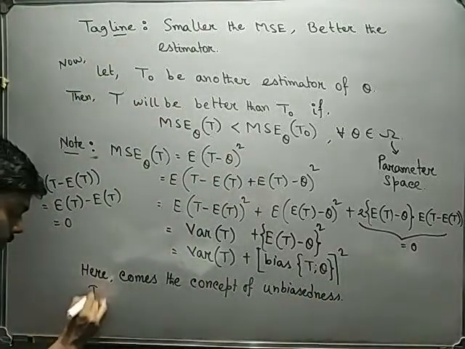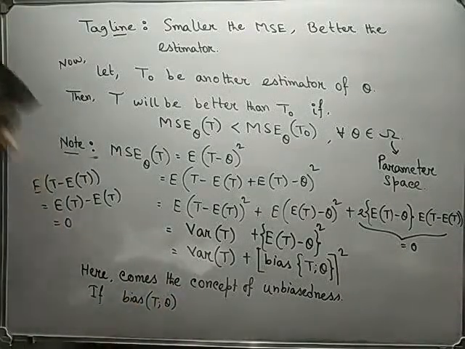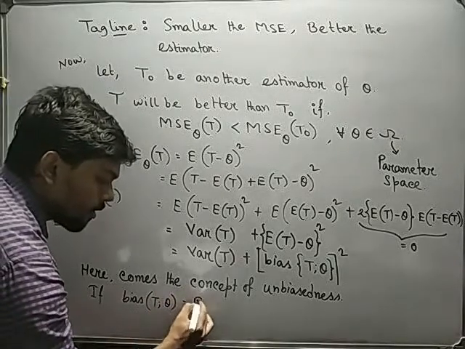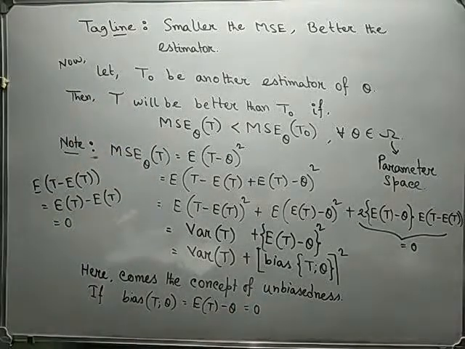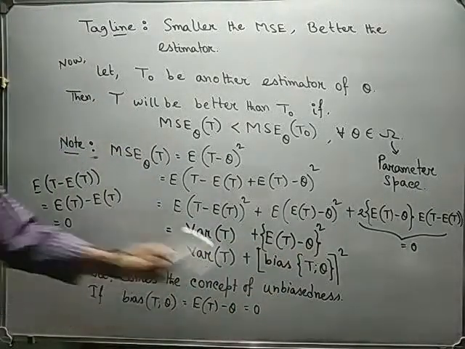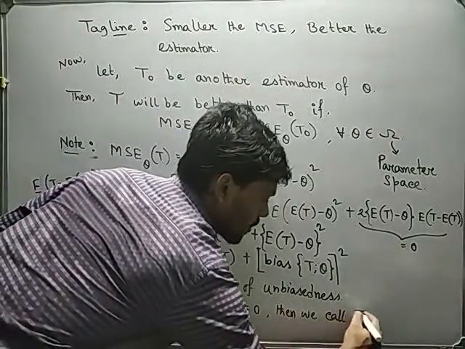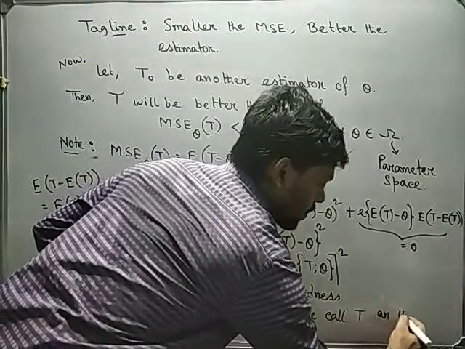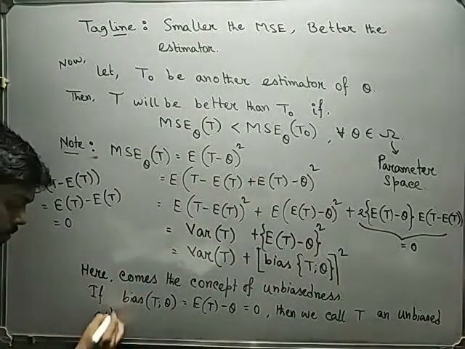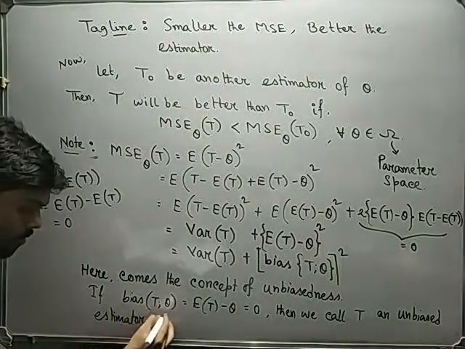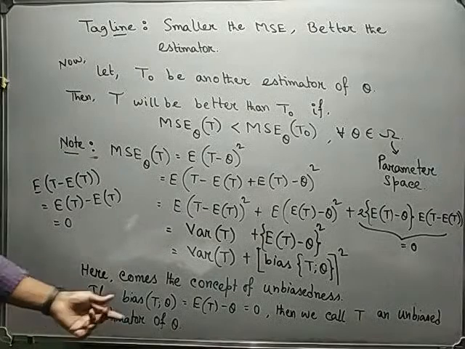So if this bias is equal to 0, we call capital T an unbiased estimator of theta.